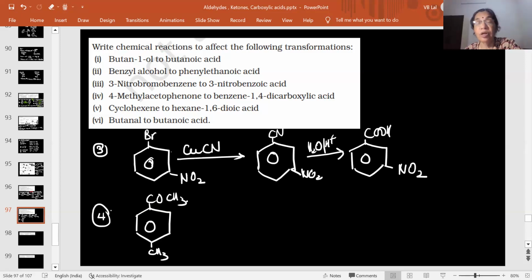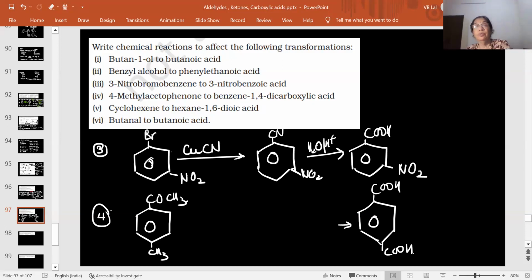Now from here, what do I need to make? I need to make benzene 1,4-dicarboxylic acid. So this is 1 and this is 4, dicarboxylic acid. So what can I do? I just need to do oxidation.